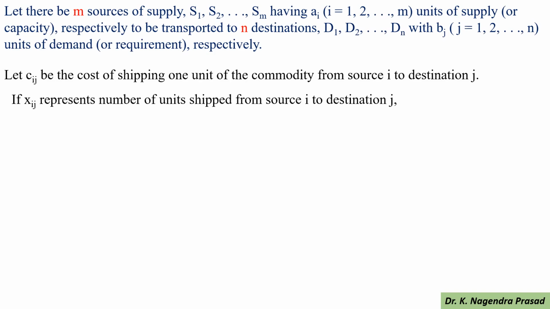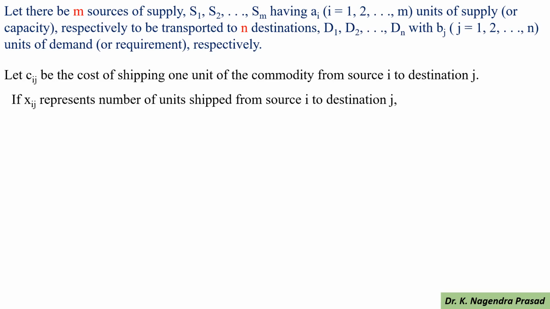Let Cij be the cost of shipping 1 unit of commodity from source i to destination j. Let Xij represent the number of units shipped from source i to destination j.